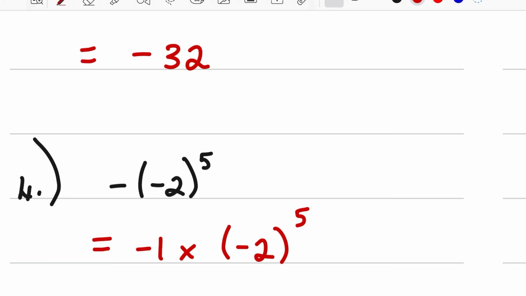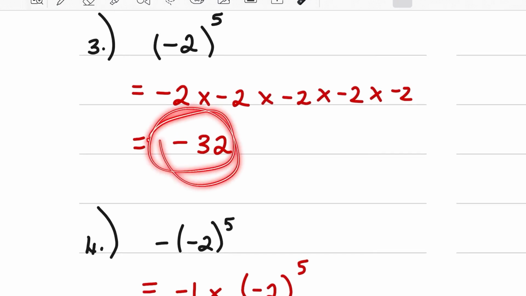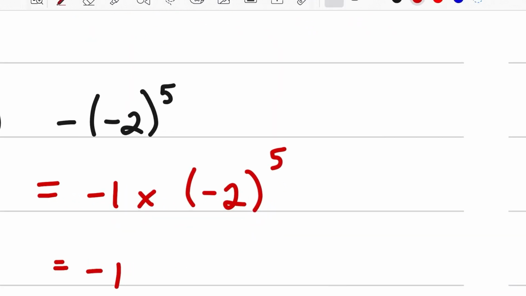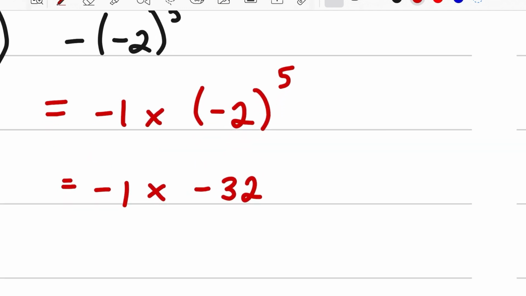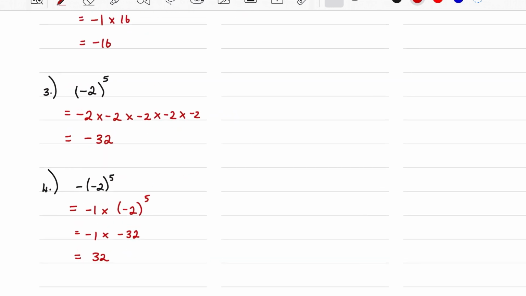And we know that minus 2 to the power of 5 is, from example 3, equal to minus 32. So we have minus 1 times minus 32, which is a negative number multiplied by another negative number. So that should give us positive 32. And that's your answer for example 4.